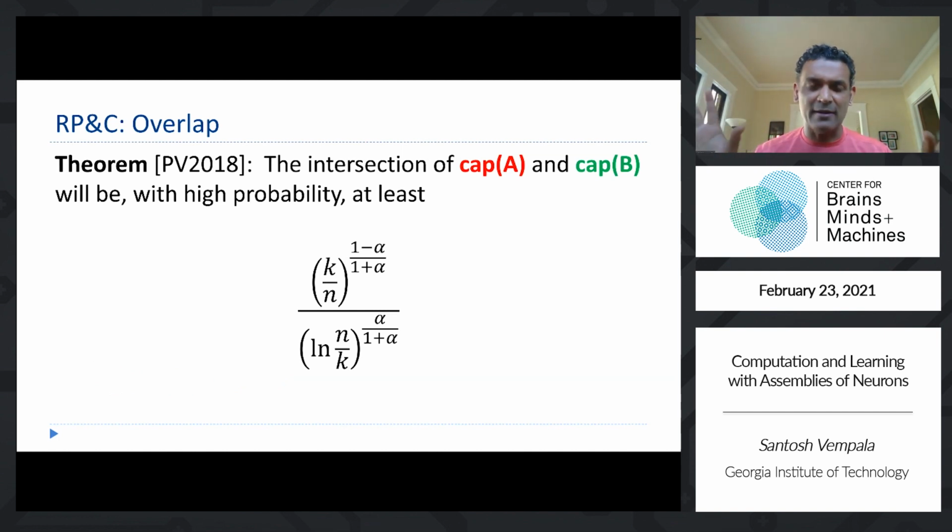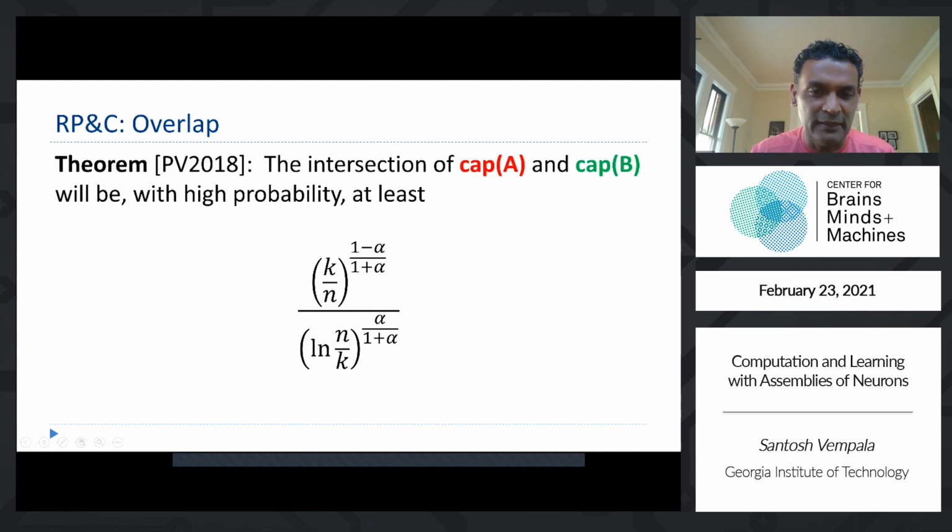If it was totally random, each one independent, you would only expect a k over n fraction, because each one is picking k out of n. But in fact, it's much higher. It's (k over n) to the power of (1 minus alpha) over (1 plus alpha). So when alpha is a constant fraction, you really get this boost in the overlap on the right-hand side.